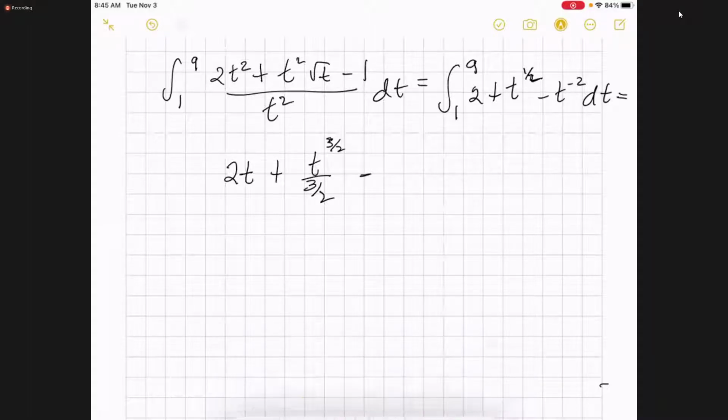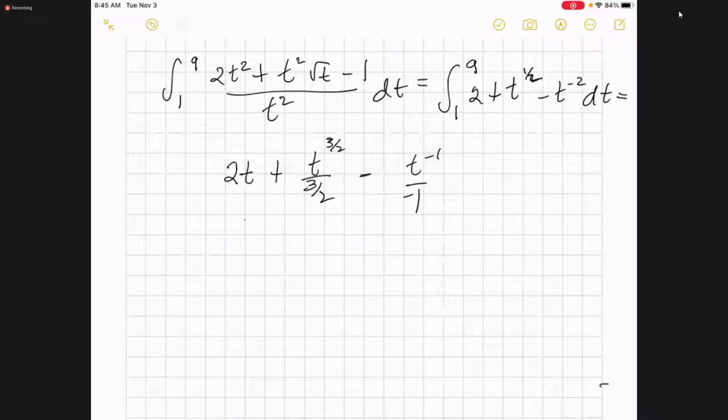What's the antiderivative for t to the minus 2? It is t to the minus 1 over minus 1. Yes. Okay, so now we have our antiderivative.